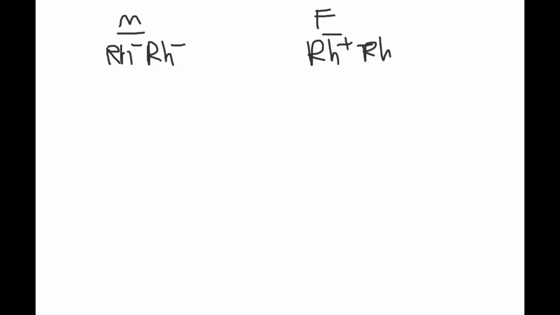Okay, so one more time. On the mother side, the father side, if the mother has Rh negative blood, the father has Rh positive blood, then you can make an Rh positive baby.